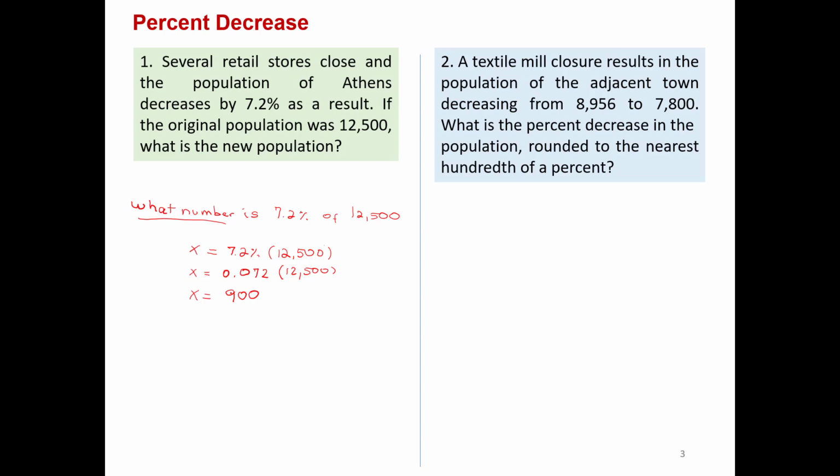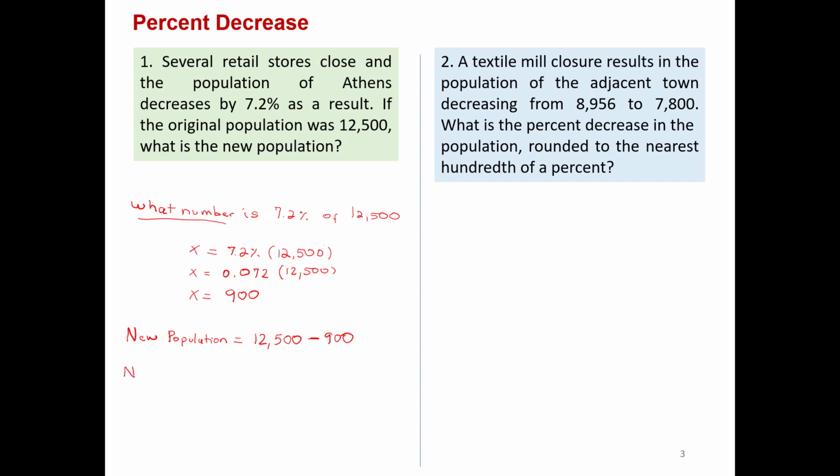Then the population decreases by 900. Because we need to find the new population, what to do is: the new population equals the original population, which is 12,500, minus 900.